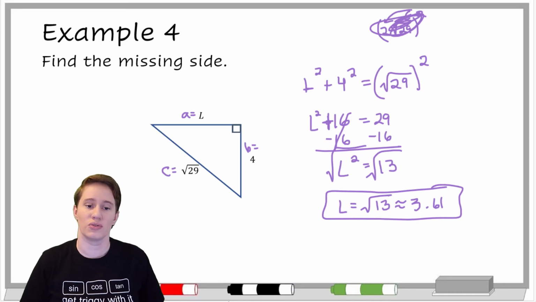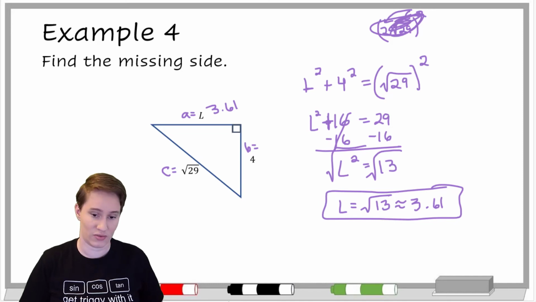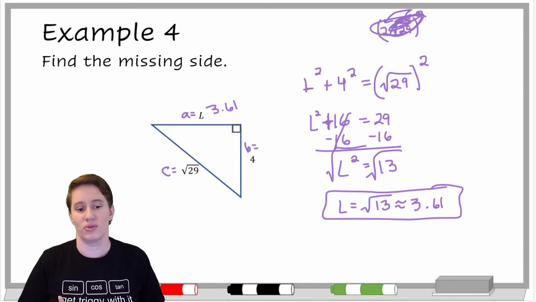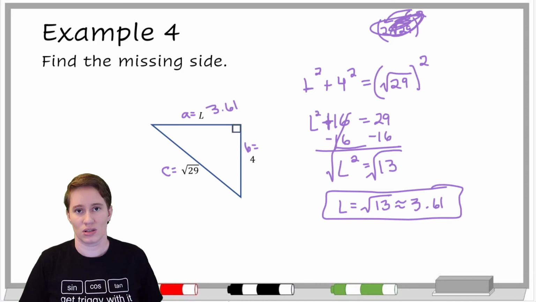Now as you're going through these, and if you are getting the decimal answer, not just the radical answer, you should be able to look back at these and say, okay, that makes sense. So for instance, if I'd forgotten about square rooting and I put a 13 where L is, and I think about what that would mean, well, I might also have to do the step of saying, well, what is the square root of 29?